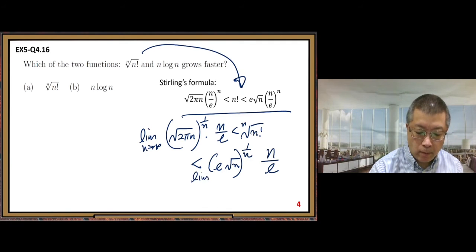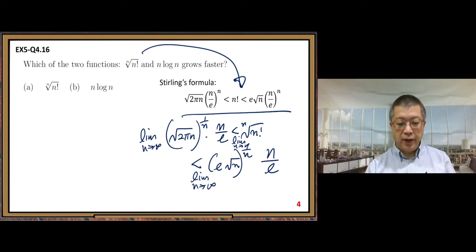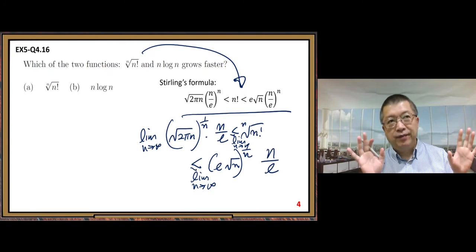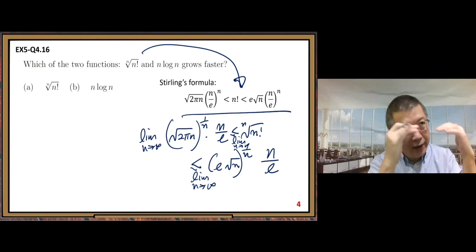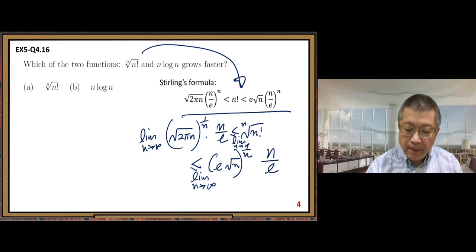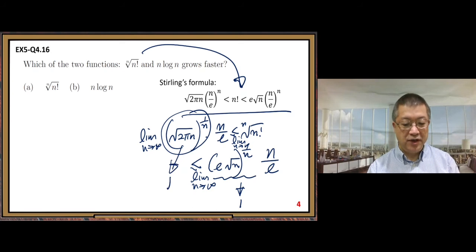When we take the limit, remember the inequality needs an equal sign added. So when n goes to infinity, this part goes to 1, and that part also goes to 1. Can you see that?